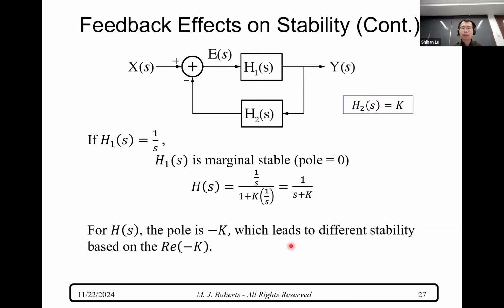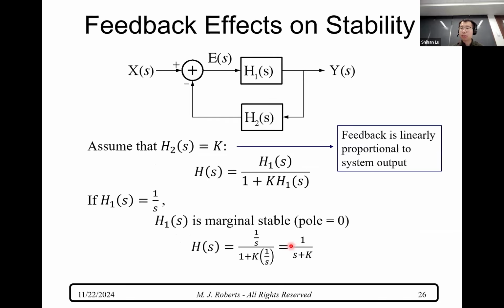So in this case, the original system h1 of s, a unit step function, is marginally stable, but after we introduce a feedback h2 of s, which is simply a linear proportional feedback in this system, the stability of the system will be completely decided by this proportional coefficient k.